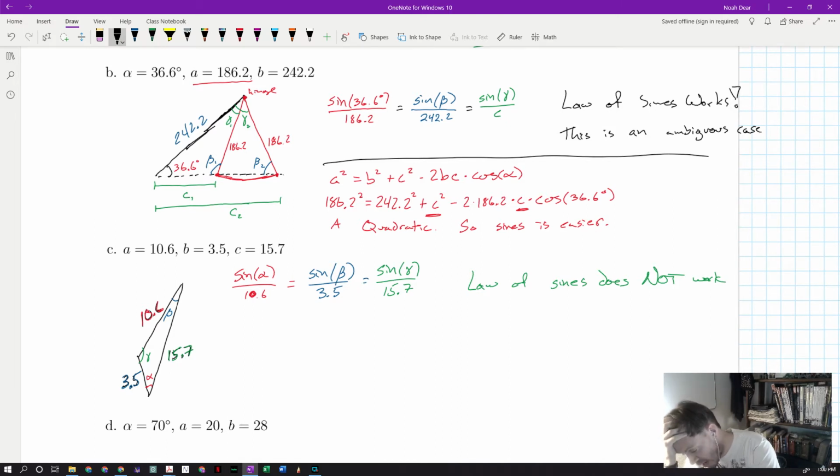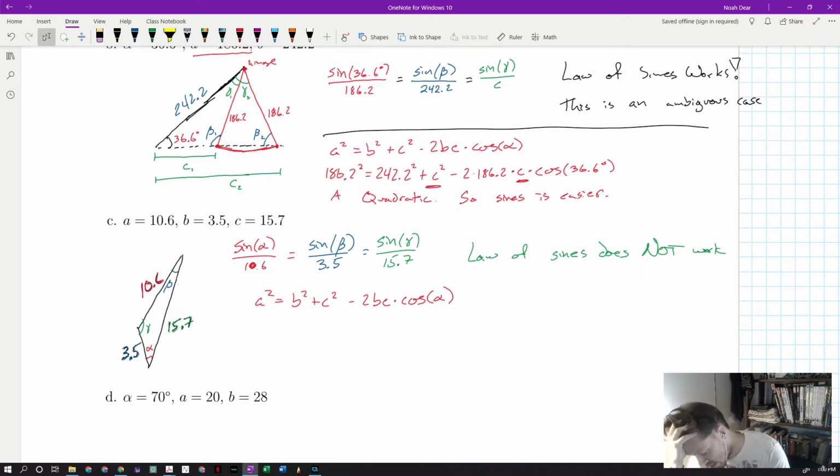And if we try law of cosines, I could really try any of them here because we have all 3 sides and none of the angles. So I'll go with a squared equals b squared plus c squared minus 2bc times the cosine of alpha.